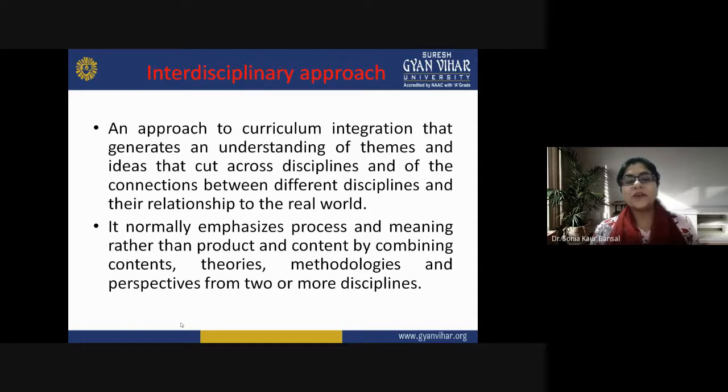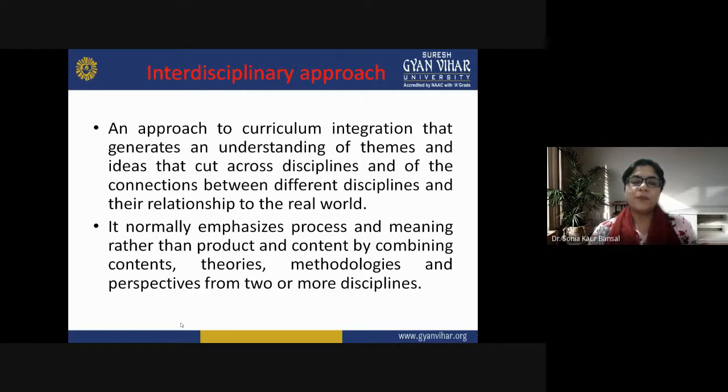It normally emphasizes process and meaning rather than product and content by combining contents, theories, methodologies, and perspectives from two or more disciplines. So understand, students, that when we are understanding one subject particularly, it involves some process and it will involve some product also on the basis of your understanding. Your content will be developed in your mind.